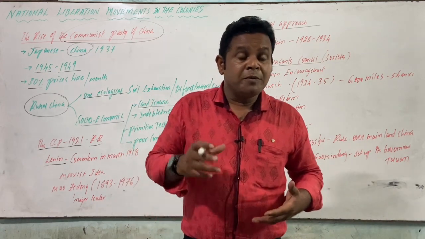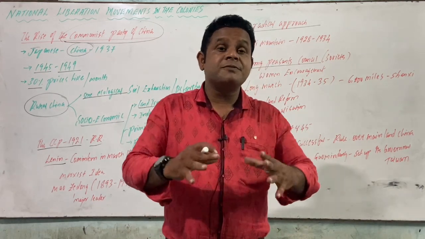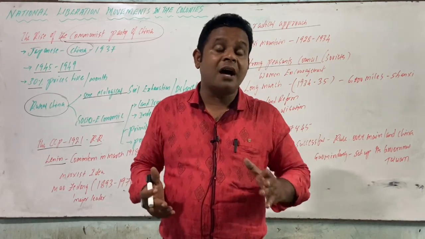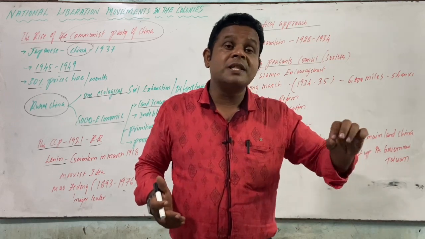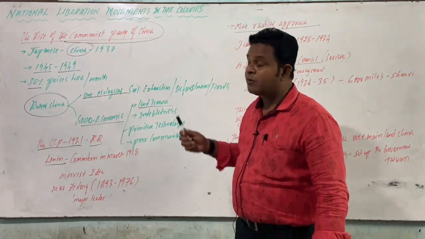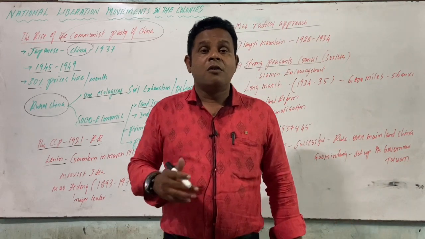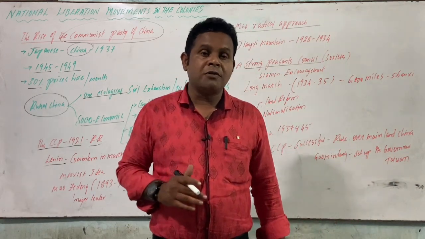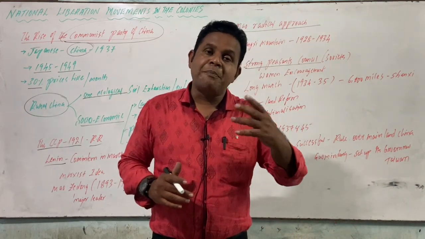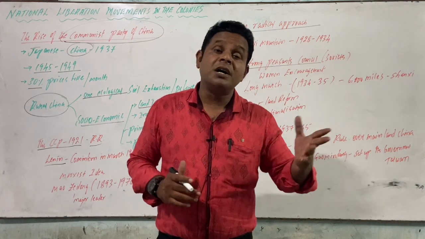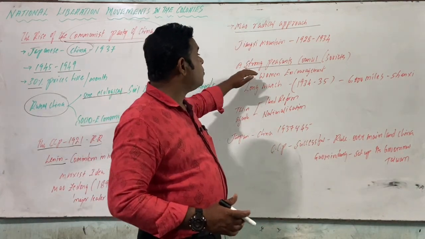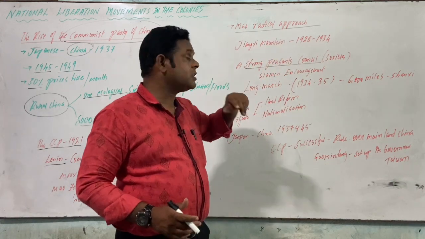Foot binding, whatever cruel practices they practiced there in China, all these things have been eliminated. As we have just seen, Chiang Kai-shek gave 4 virtues for women: chastity, appearance, speech, work. In such a manner, even Mao Zedong also started encouraging women.